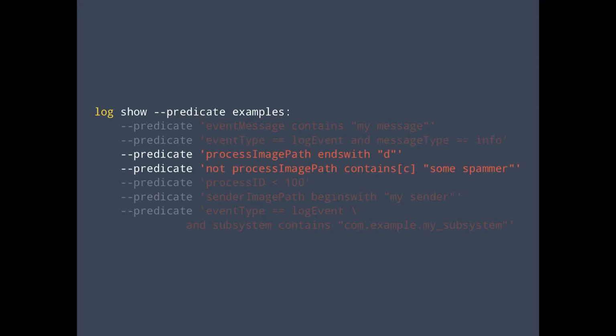Process image path matches the pattern within the name of the process that originated the event. So in this example, they're using the ends with verb with D, so you're looking for some system daemons that are generating log events. Or you can pass a name of an application or a process itself.